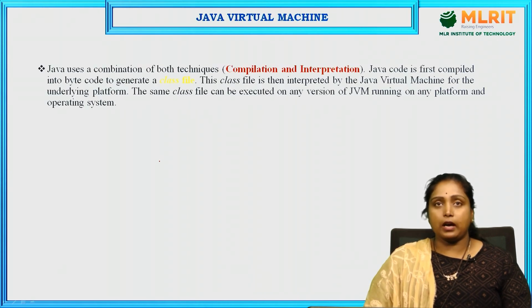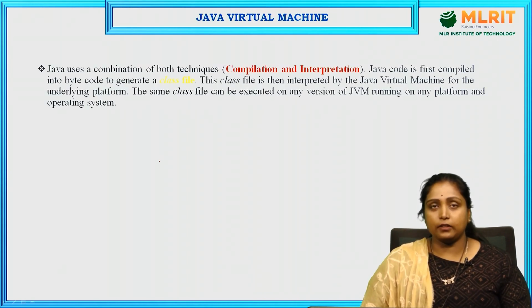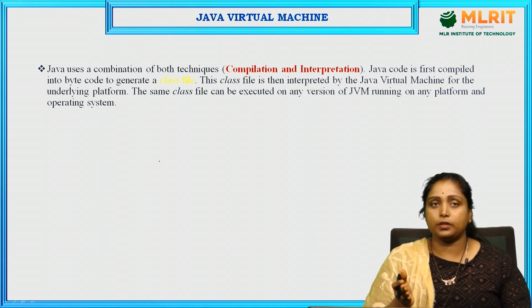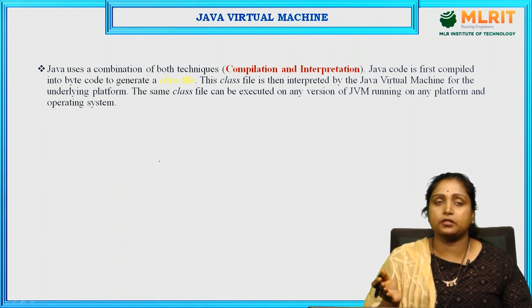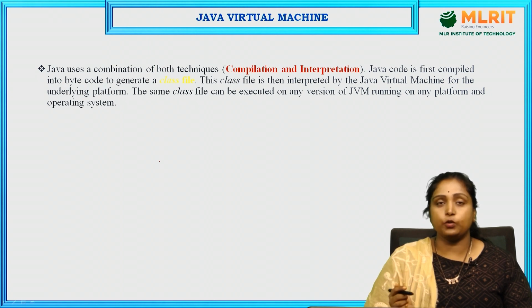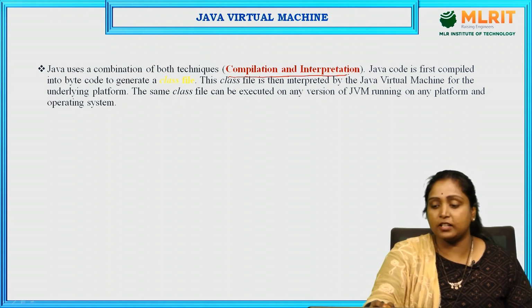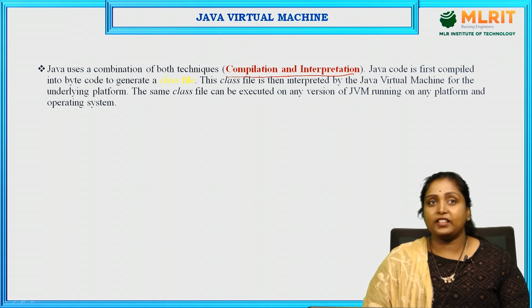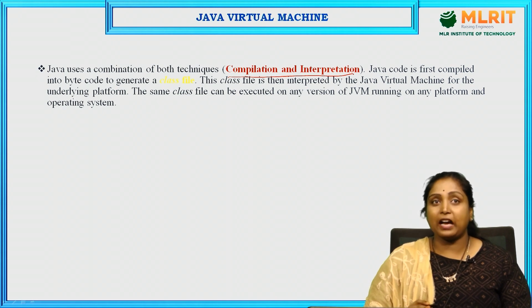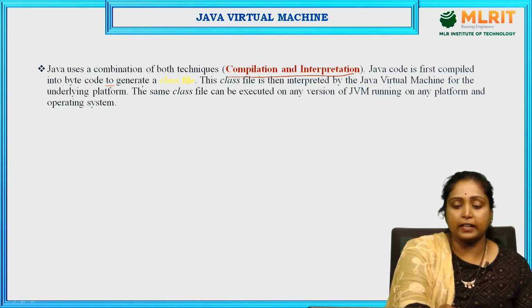I already discussed Java. Some languages use interpretation, some languages use compilation. But here Java uses both techniques, compilation and interpretation. Java code is first compiled and converted into bytecode to generate a class file.